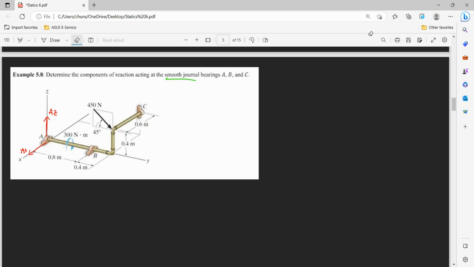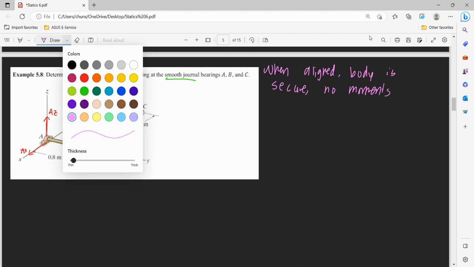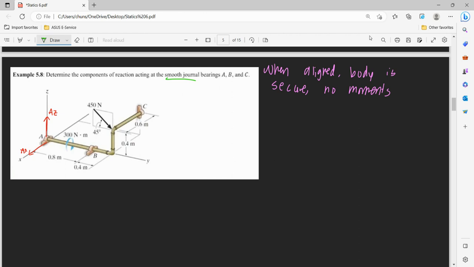But in reality, we actually have no moment here, because when you have smooth journal bearings that are perfectly aligned, the body is secure and there's no moments developed. Okay, so because of that, we're only going to focus on force reactions.